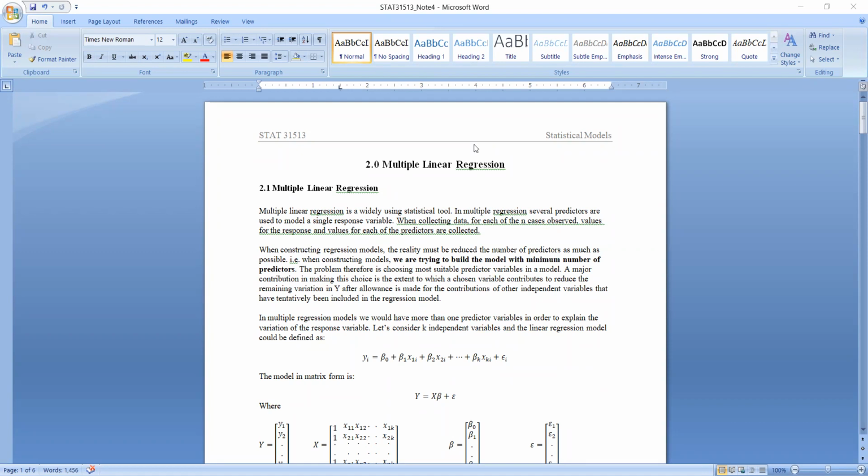For example, let's say you want to develop a model to predict the GPA of the students at the end of the second year. Let's say the GPA depends on the time that the student is studying, and on the traveling distance.